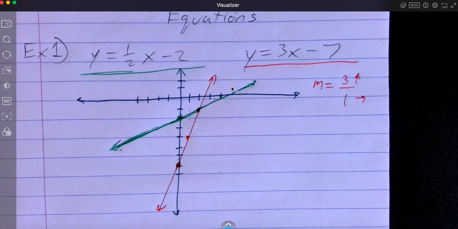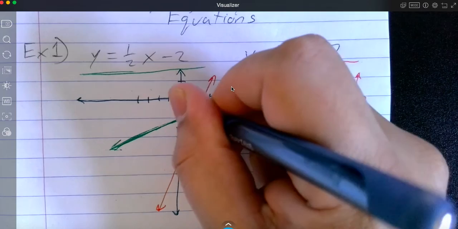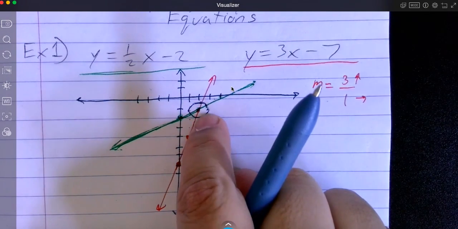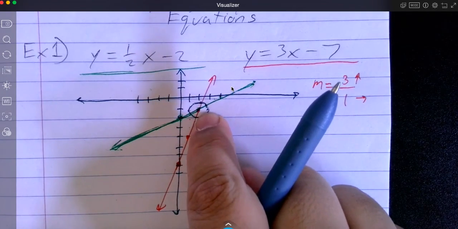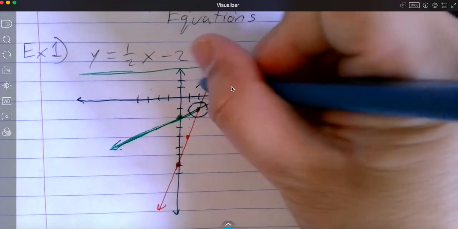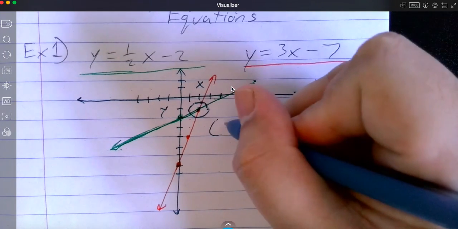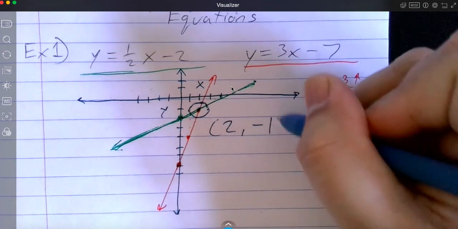How did I solve it? Well, guys, solving systems means you're looking for where the systems are the same. Or in other words, where do they intersect? Where do they cross? So guys, your answer is right there. This is your answer. This coordinate. So this x and this y, in this case, would be x is 2, y is -1.